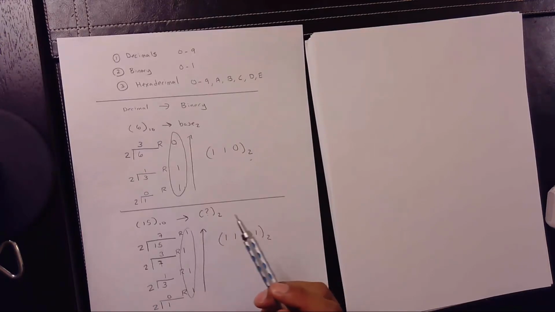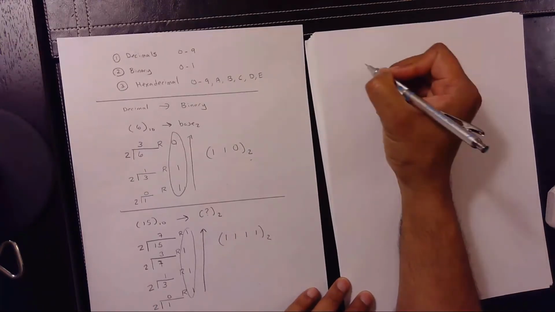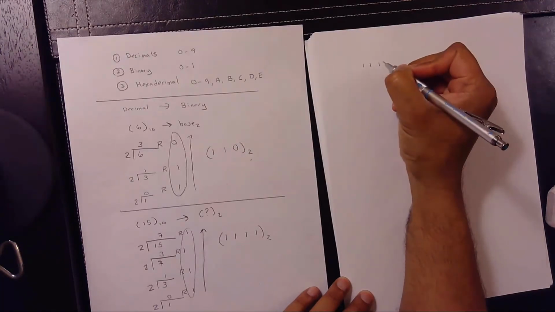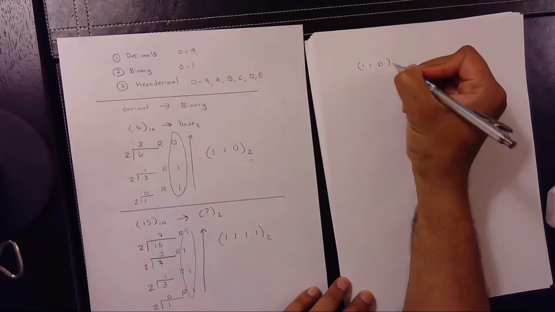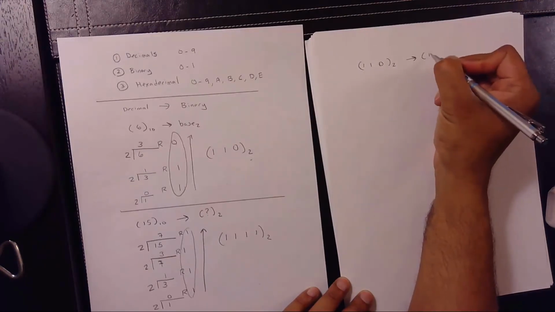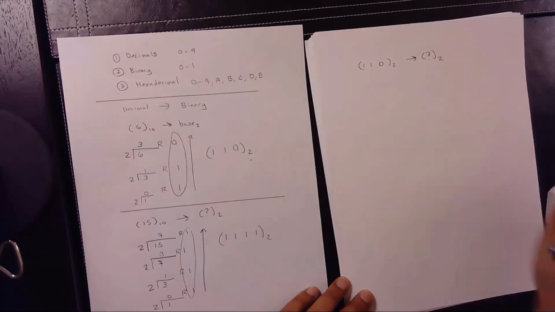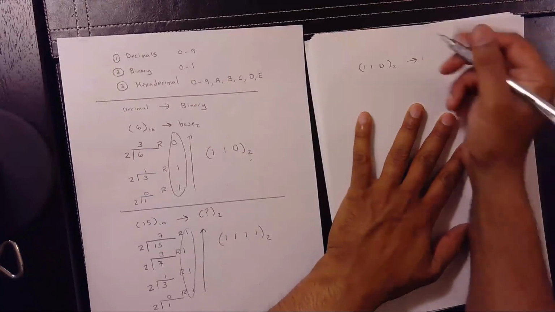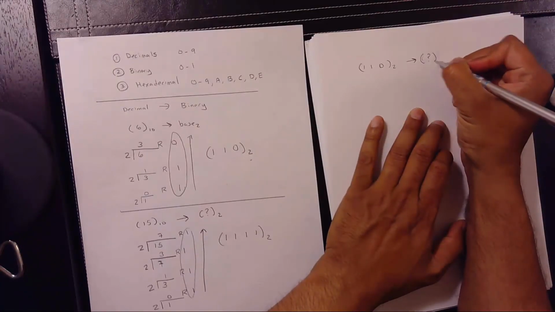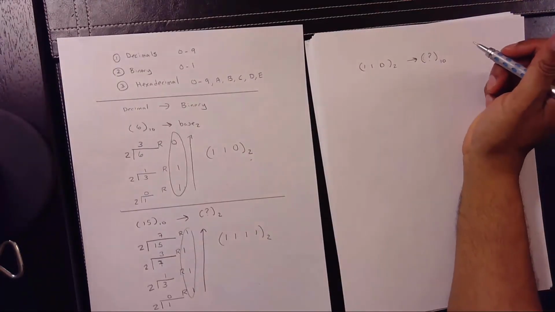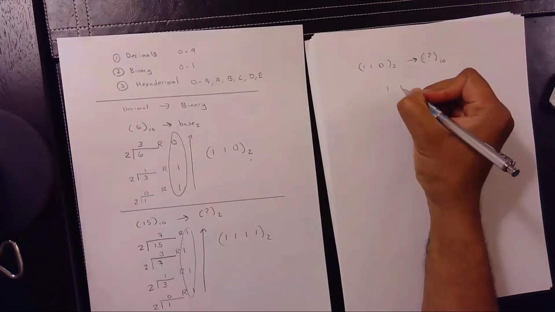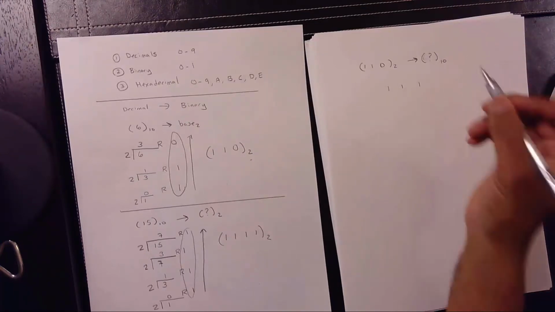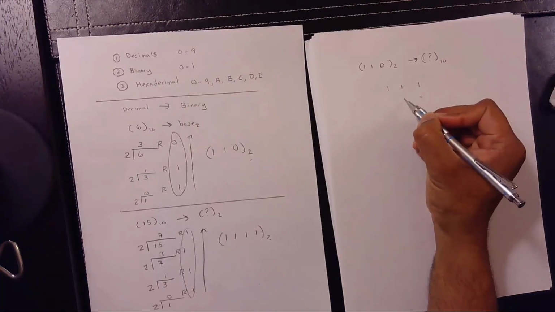Let's do this real quick. We'll take the number 110, and what is that in base 10? I'm sorry, this is not right. We write 1, 1, 1. The trick to this is: you start with 0, then 1, then 2.